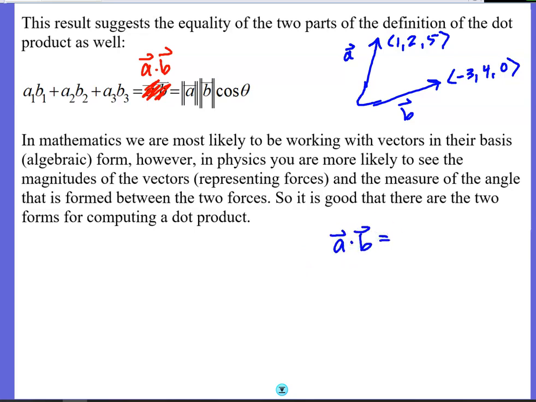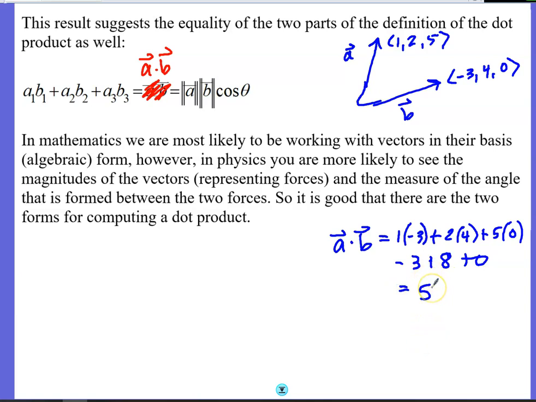Then remember, if I've got the vector components, then I can do this version. So this version would say multiply the x's, so the change in x's. So my change in x's would be -1 times 3, plus my change in y's are 2 and 4, and my change in z's are 5 and 0. So I end up with -3 plus 8 plus 0, so 5. So my dot product would be 5.